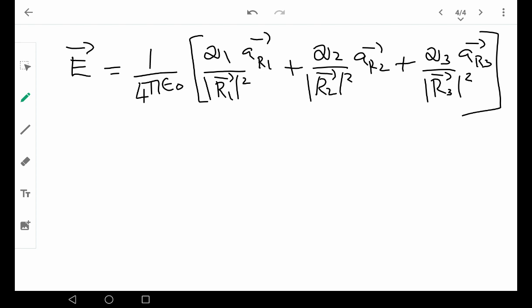That's it. So this is how you will find out the electric field.